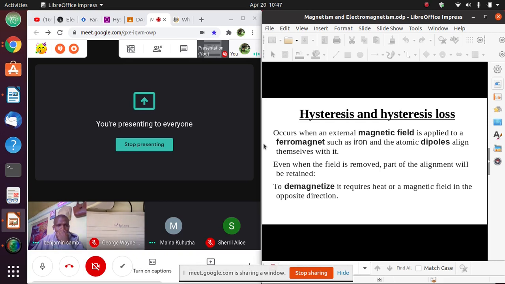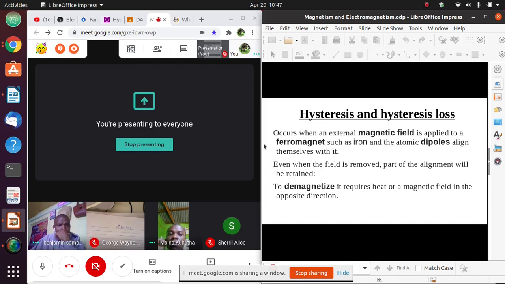magnetic influence, kama ni permanent magnet ambayo ilikuwa umeileta karibu na that magnetic material, ukiondoa some of those particles ama some of those molecules, and they are known as dipoles, some of them will retain that magnetism. Some of them will still be facing in that direction that the magnetic field was facing.